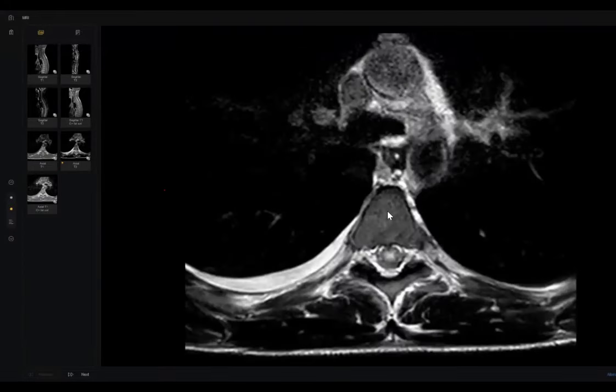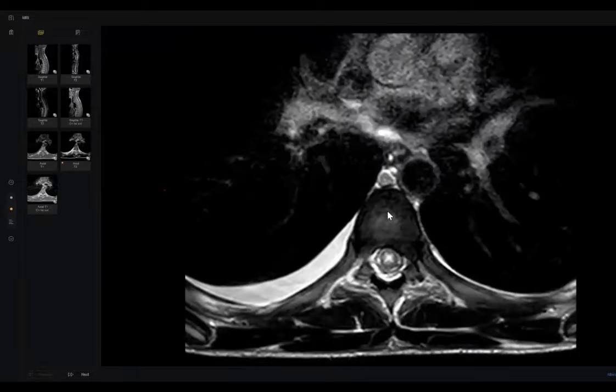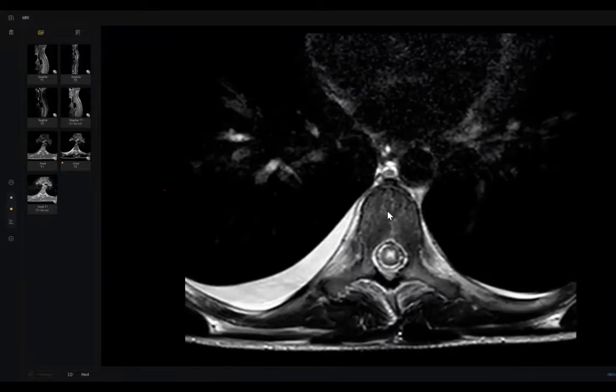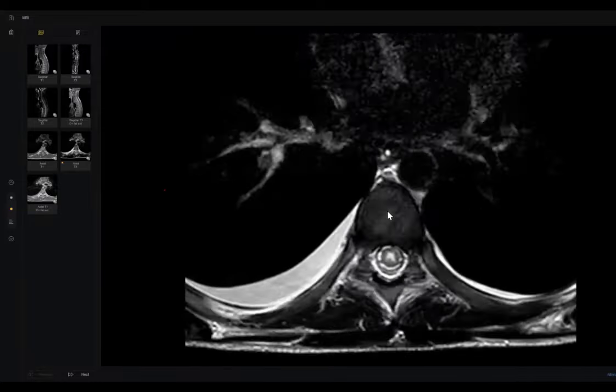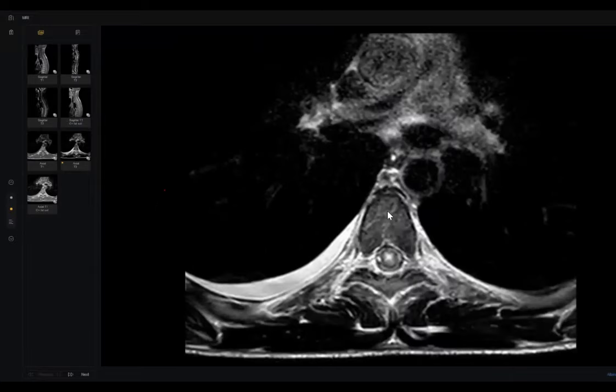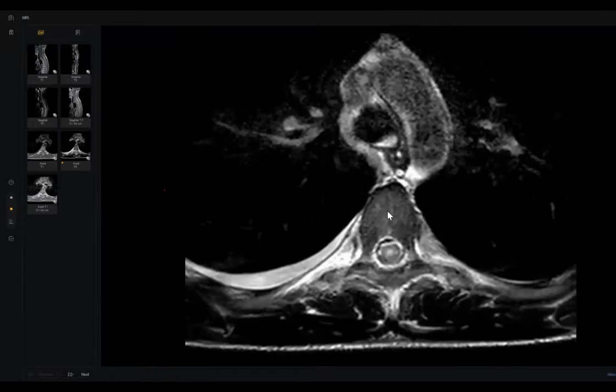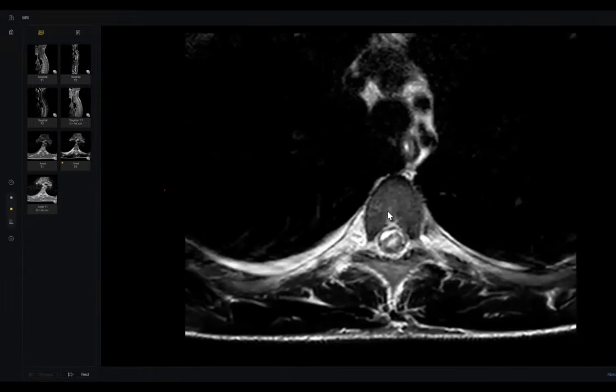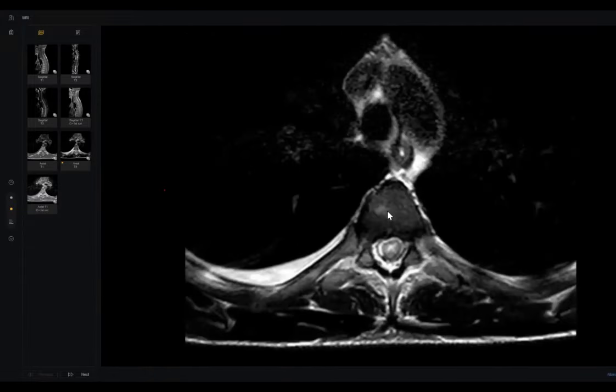No intra or extradural mass could be seen. What do you think? Okay. Last sequence. Ask for the last sequence, please. T1 post contrast.